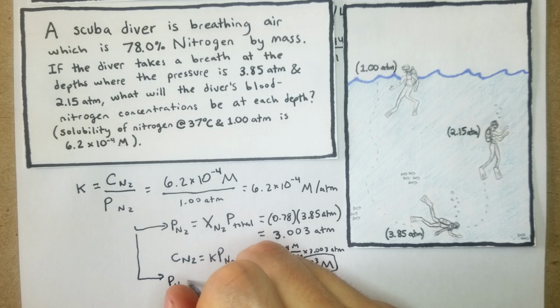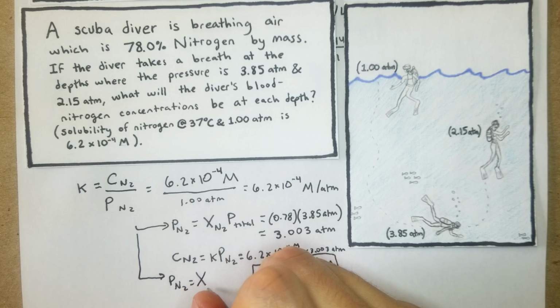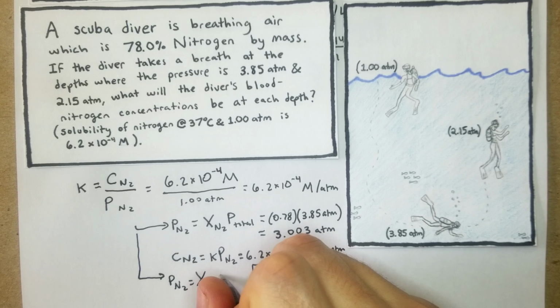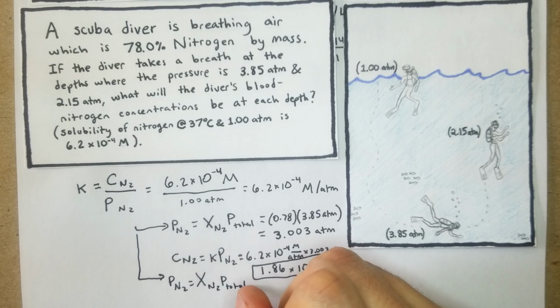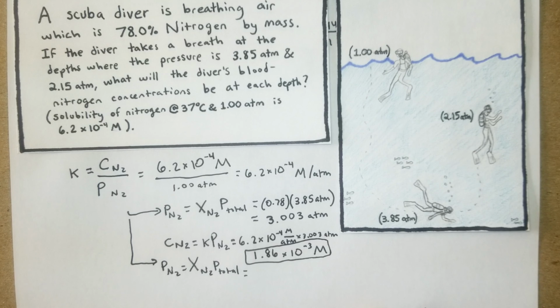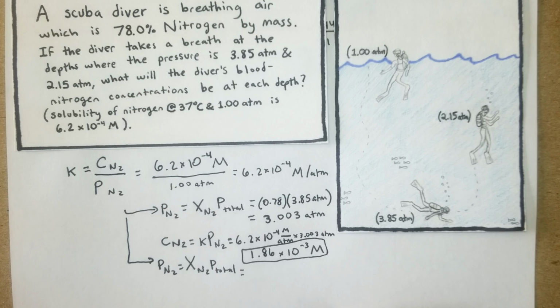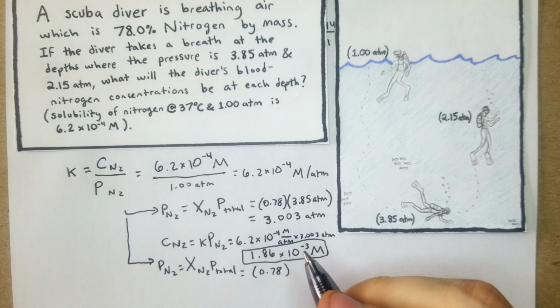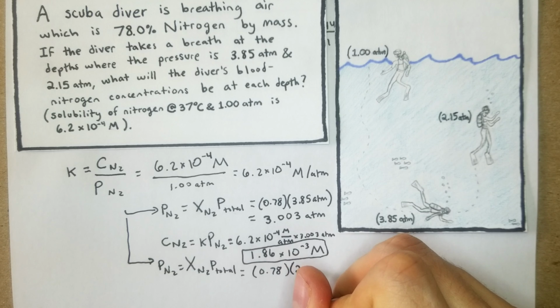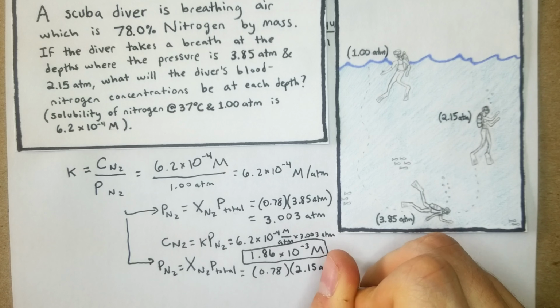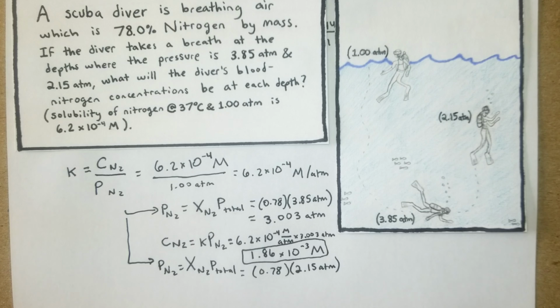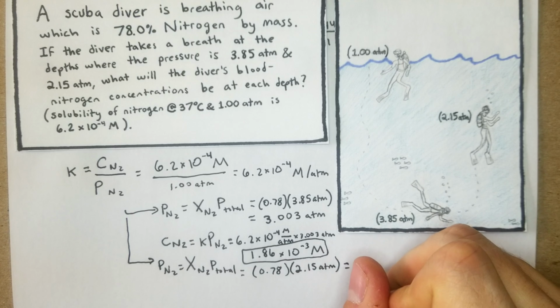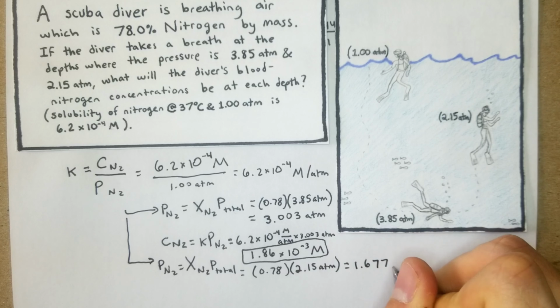P of N2 equals X of N2 times P total. We're going to get, again, the 0.78 based on the percentage that we have up there. Then we have our other pressure, 2.15, when the diver is returning to the surface. So from here we get 1.677 ATM.